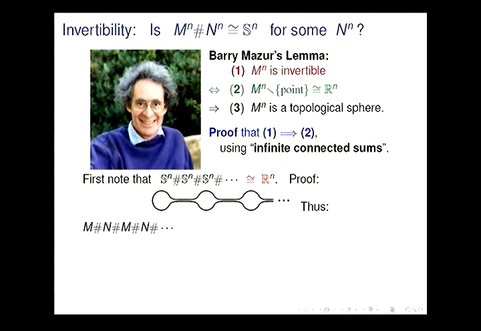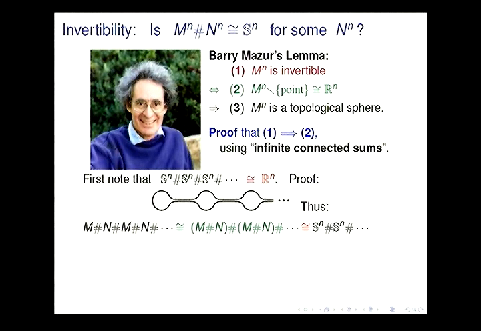So now suppose we start with Mazur's condition. You have two manifolds such that the connected sum is a sphere. We'll just take an alternating sum, M plus N plus M plus N. And if we put in parentheses, since it's associative, M plus N is a sphere, M plus N again is a sphere.